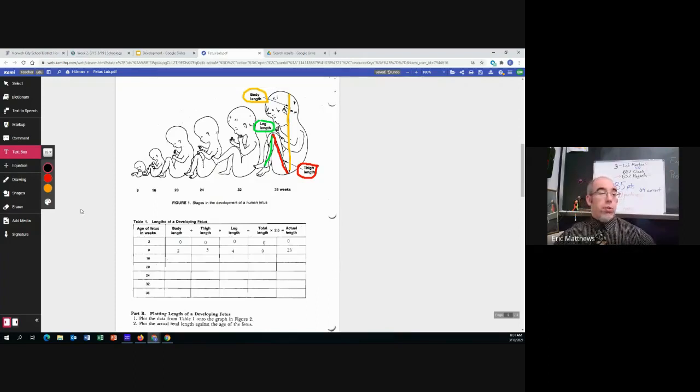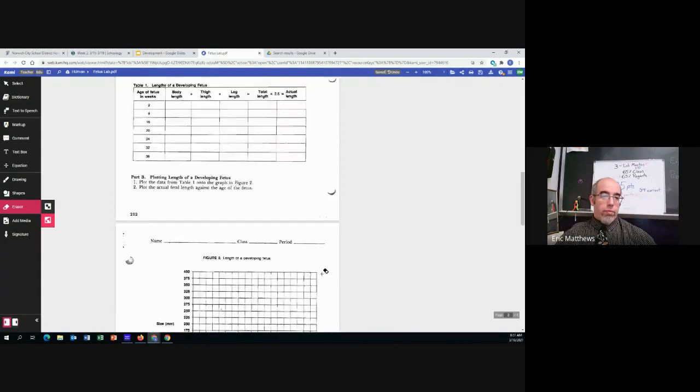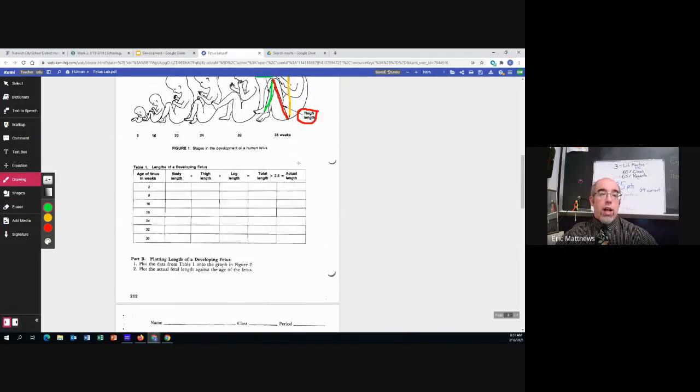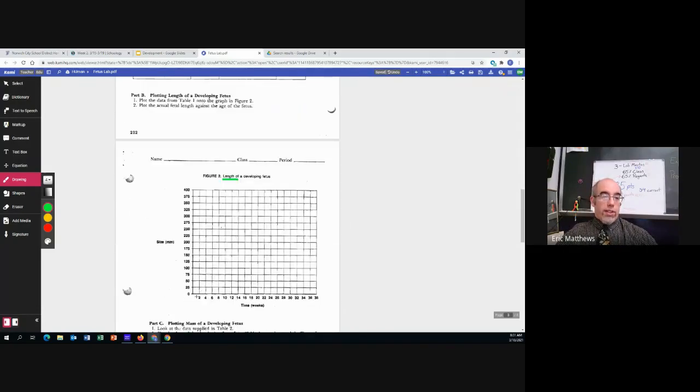And you'll do that for each one. Not too bad. All right, then on this graph, we are going to graph that actual length. So, for instance, at 2 weeks, we couldn't measure anything, so that's 0.